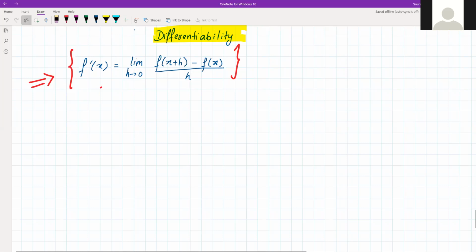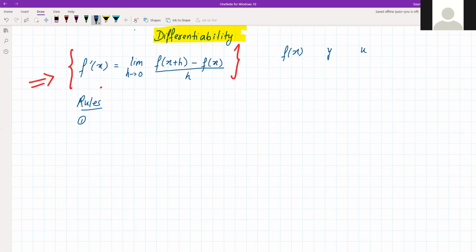Now coming to a few other topics or the properties which we have already seen earlier, the rules. So we'll see those rules as well. The first rule, in differentiation, right? The function can be written as f of x, or it can be written as y, or it can be written as u.